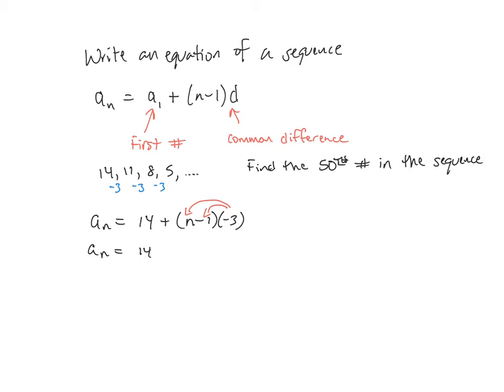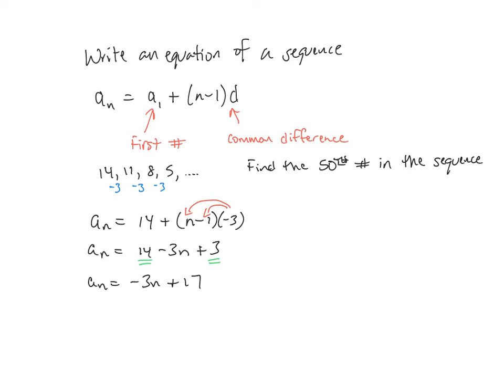Negative 3 times n is negative 3n, and negative 3 times negative 1 is positive 3. And then we can combine those two. You could write 17 minus 3n, or you could do negative 3n plus 17. That part doesn't matter. I tend to always write the variable first, but that's just a personal preference. I think the book usually does the same.